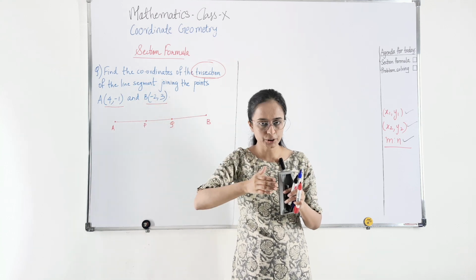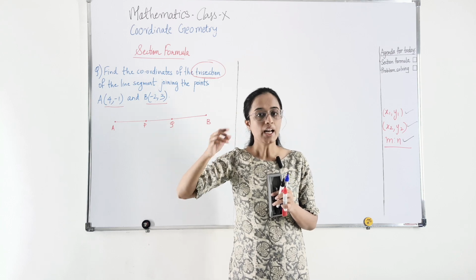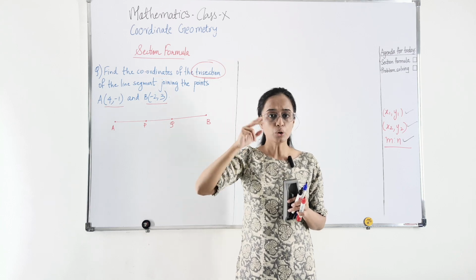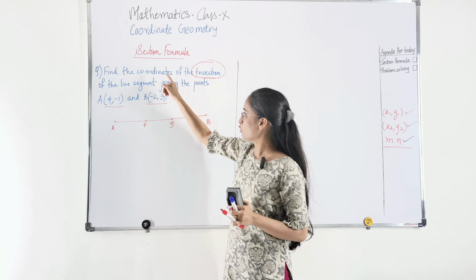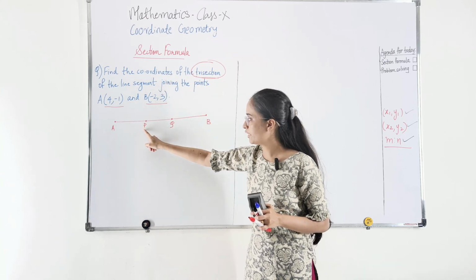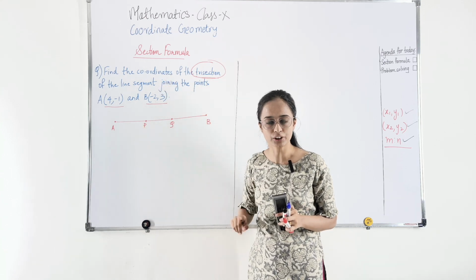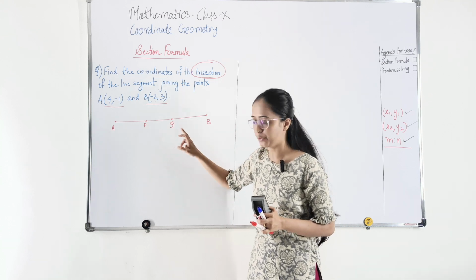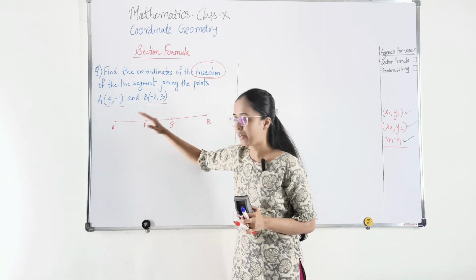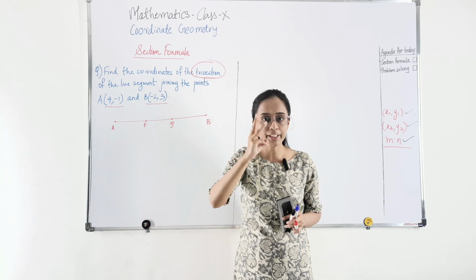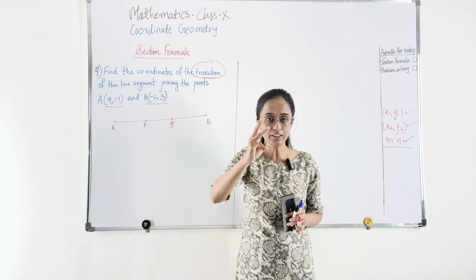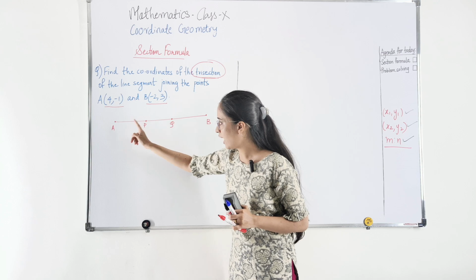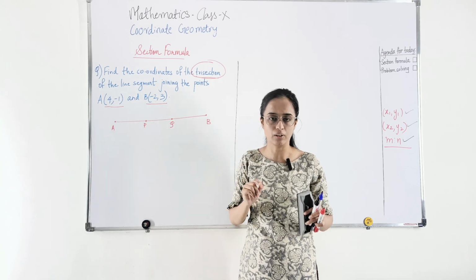You just have to pick up this keyword and try to understand its meaning in normal English terms. Trisection of the line segment. When you say section, it means parts, right? And tri means 3. So here you are supposed to find the values of the coordinates P and Q such that these P and Q divide the line segment AB into 3 parts, that is trisection, and these 3 parts are equal to each other, right?